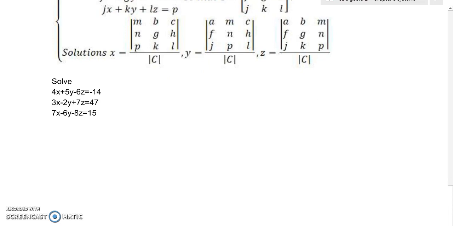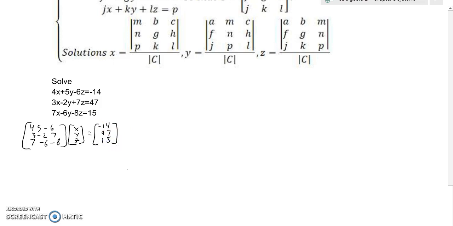But let's do this. We're going to say, okay, we have a coefficient matrix of 4, 5, negative 6, 3, negative 2, 7, 7, negative 6, negative 8 times our x, y, z, and equals negative 14, 47, 15.